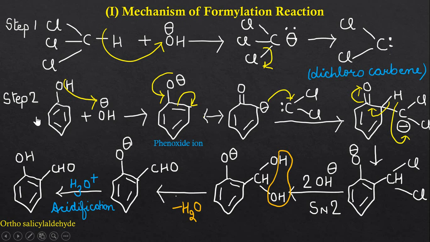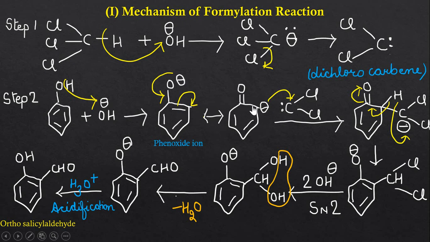Now next move to the second step. In this step, this hydroxide ion first removes the acidic proton of this phenol molecule and we will get this phenoxide ion. Now this phenoxide ion is resonance stabilized by the movement of this negatively charged electrons and these pi electrons, and we will get the second resonating structure.